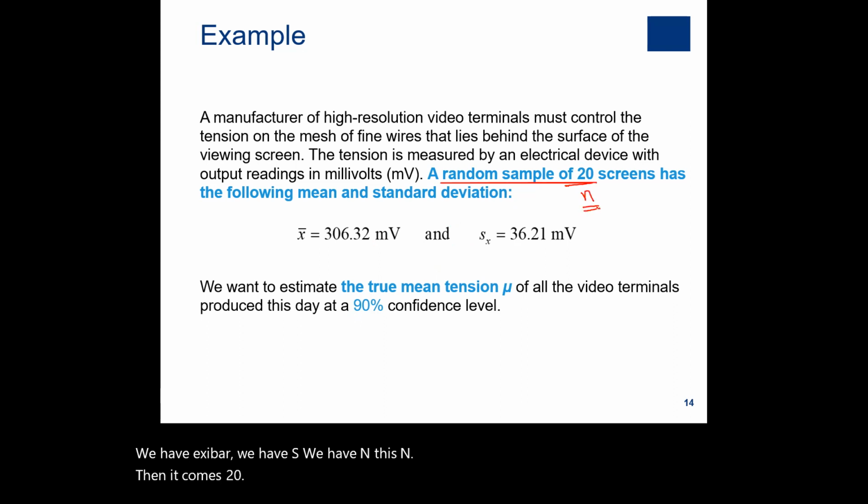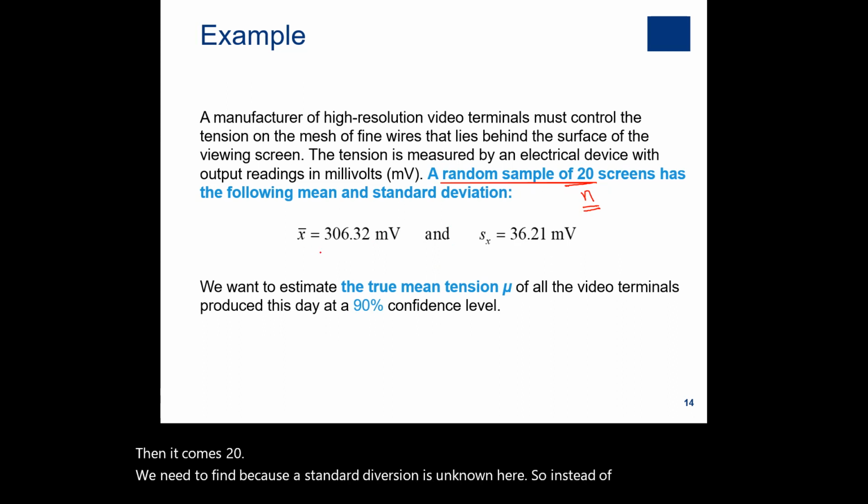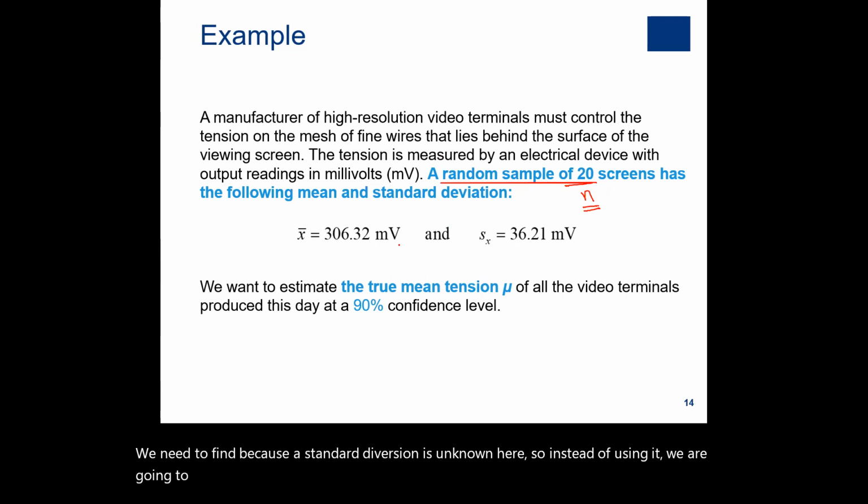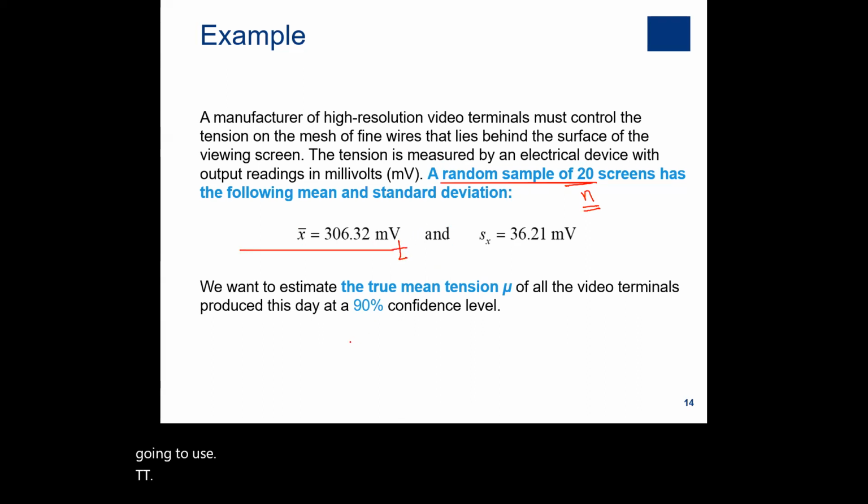We need to find, because the standard deviation is unknown here, instead of using Z, we are going to use T. Here we have 1 minus alpha equal 0.9. Alpha equal 0.1. Alpha over 2 equal 0.05.